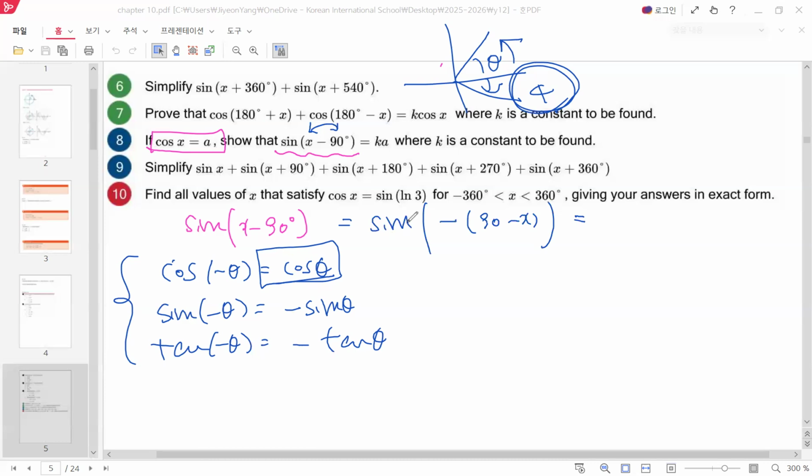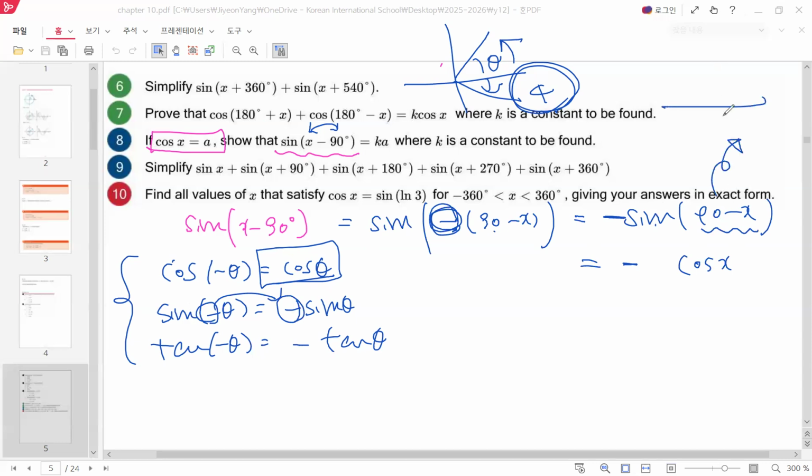Okay, and then students, sine of negative something, you can write it down as just sine of something. And then since it's negative here, you need to write down minus here, okay? And then minus sine of 90 minus x is going to change to cosine x, okay? And 90 minus x is located in the first quadrant, so this value is positive, right?